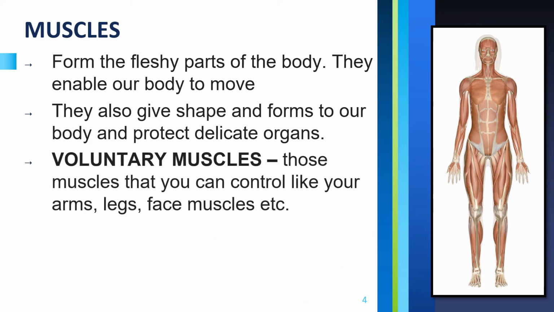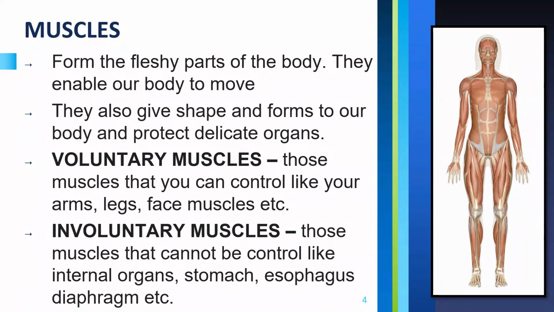We have here the voluntary muscles. These are muscles that you can control, like your arms, legs, and face muscles. Ibig sabihin, kapag sinabing voluntary muscles, ayun po yung mga muscles na kaya nating kontrolin sa ating katawan. Another kind is involuntary muscles.